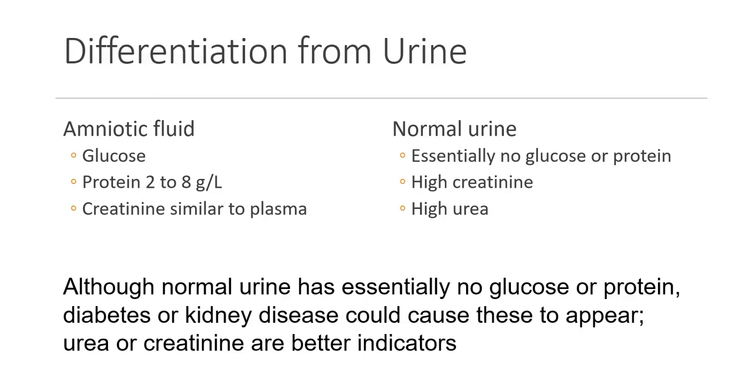In urine, there's essentially no glucose or protein unless the patient has diabetes or kidney disease. There will be a high creatinine and a high urea. So these tests are done to differentiate whether she's leaking urine, which is not cause for concern, it's just a pain, or amniotic fluid, which may result in an intervention.